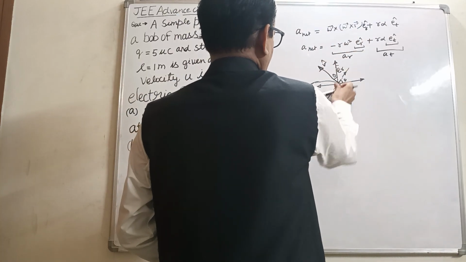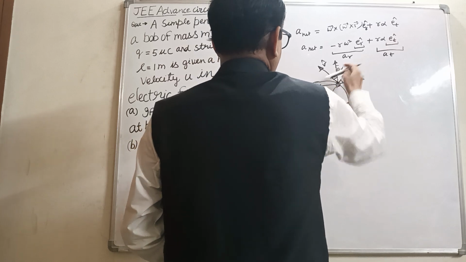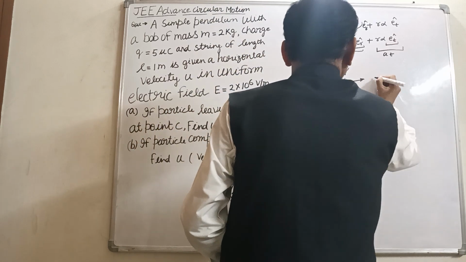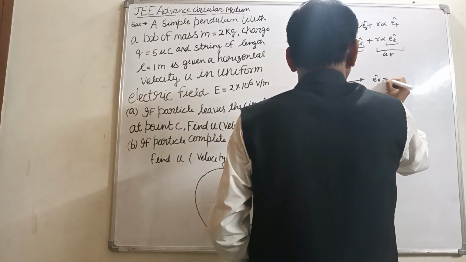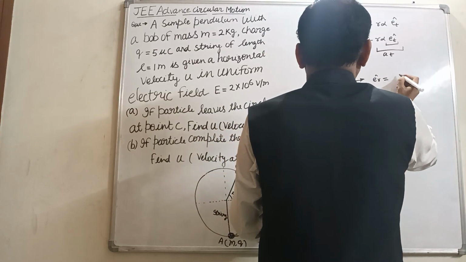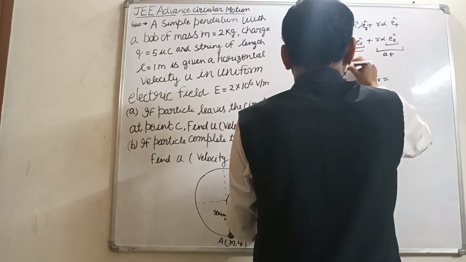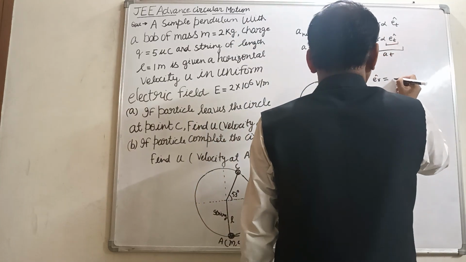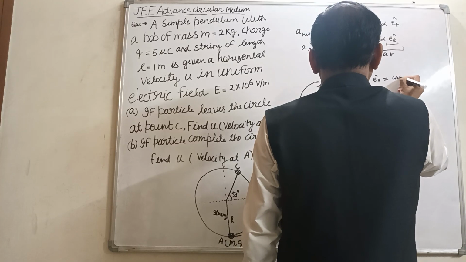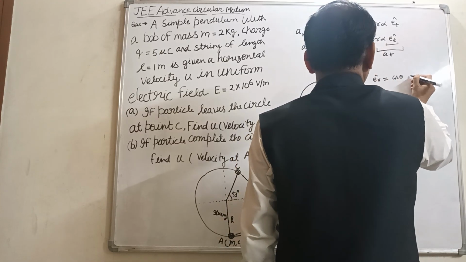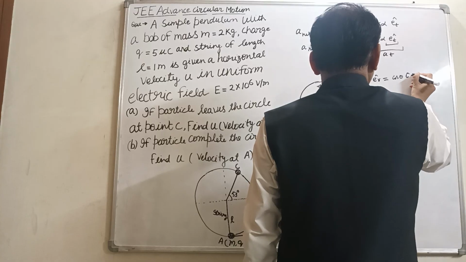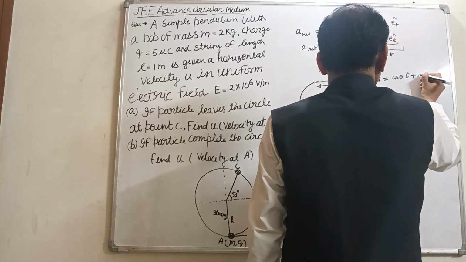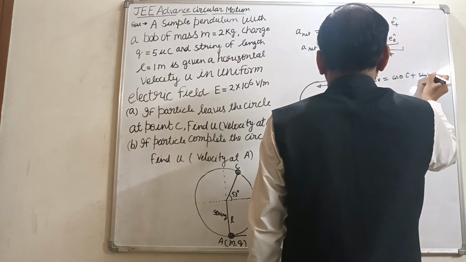This is similar, this angle is theta, so this angle is also theta. So ER cap, this is the direction of ER, would be cos theta I cap plus sin theta j cap.